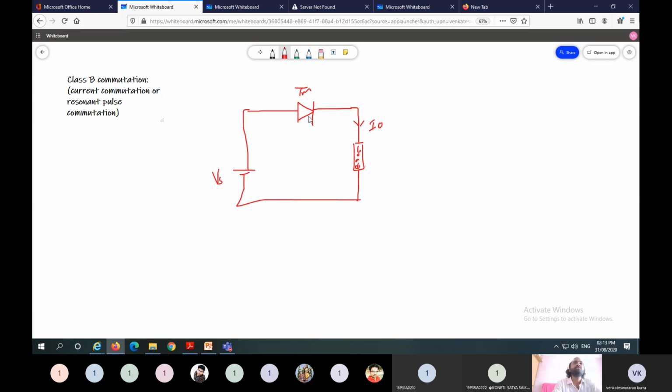To turn off this SCR, we need to take commutating elements. So I take one more SCR, not a diode, and a diode and LC elements.